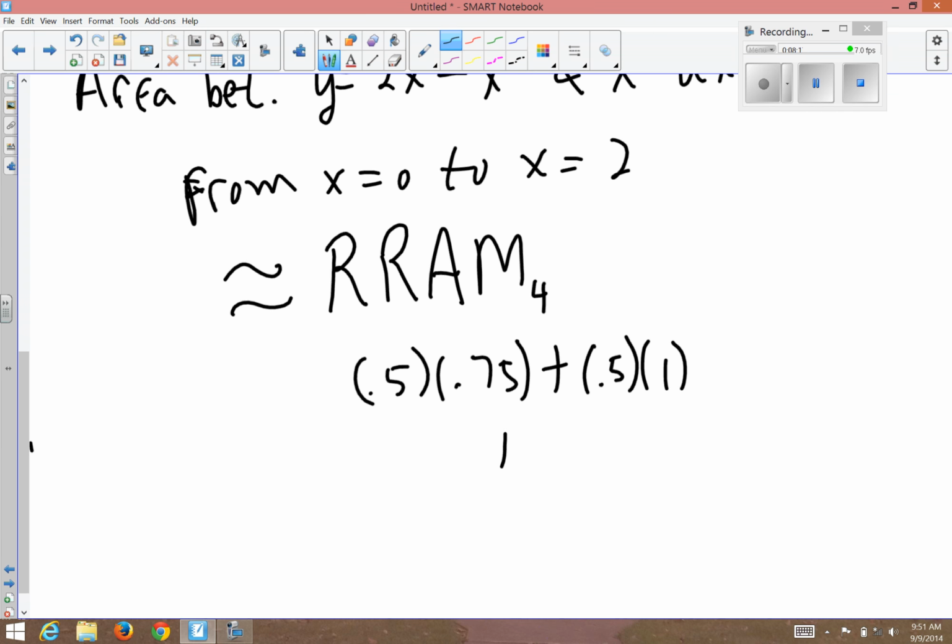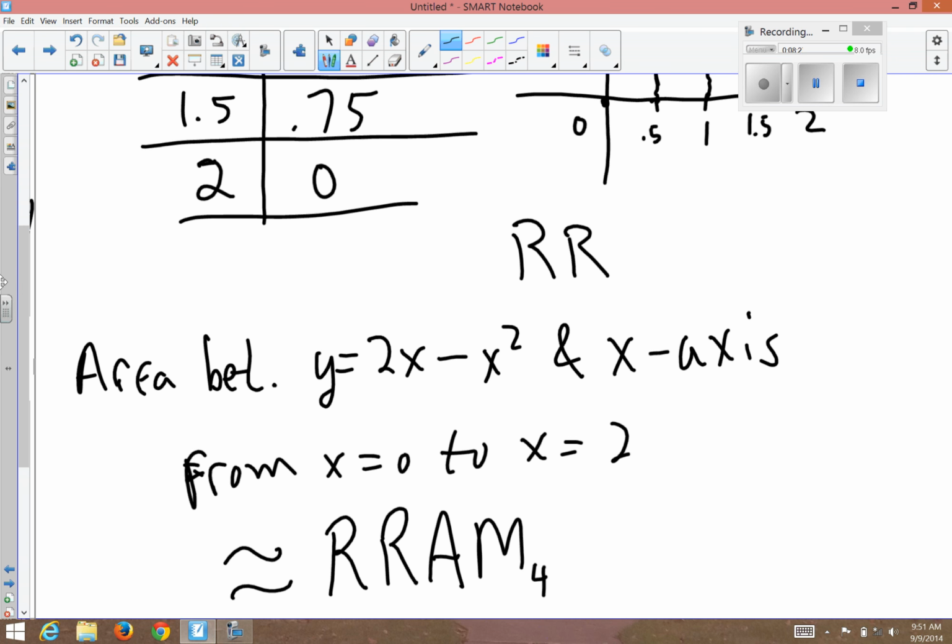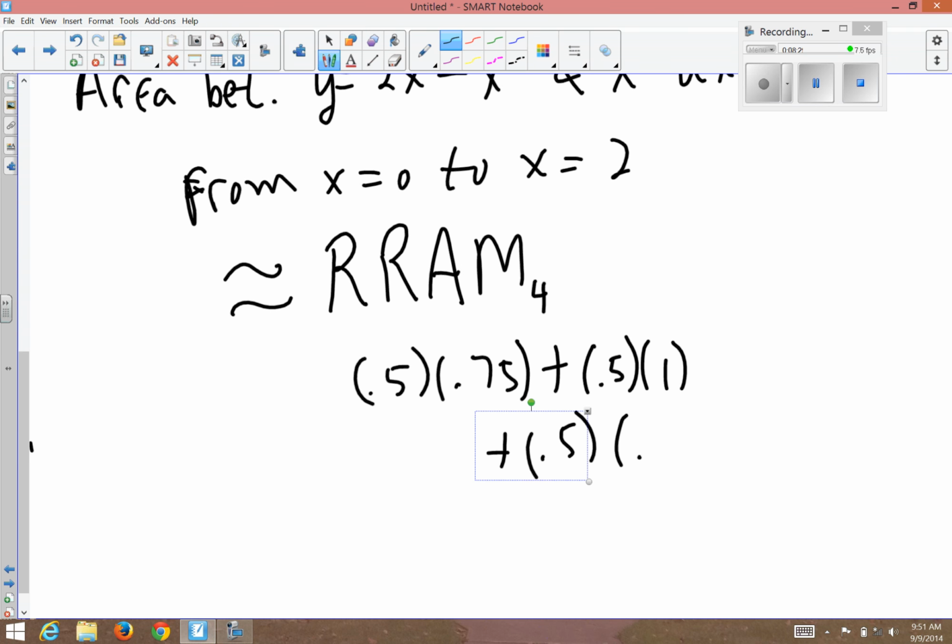The third rectangle has 0.5 width, and it's how tall? It's 0.75. And the last rectangle has 0.5 as the width, and it's 0 height.